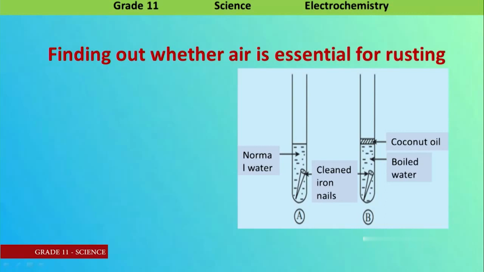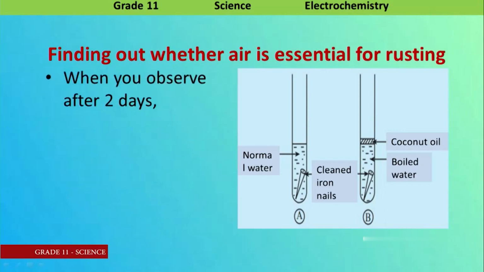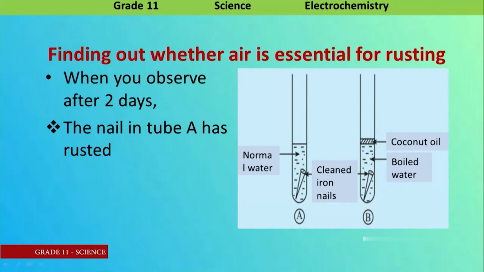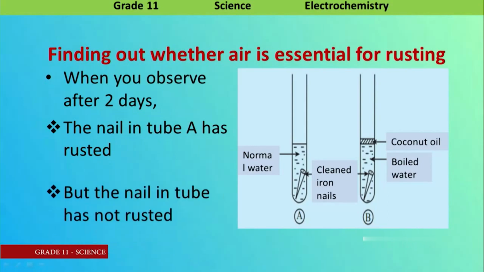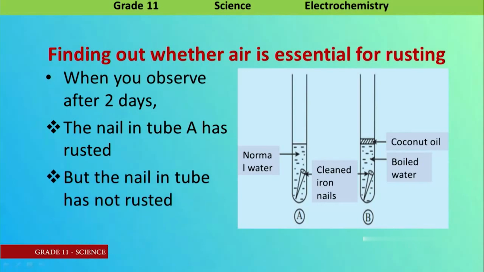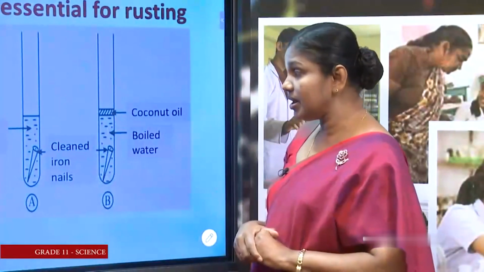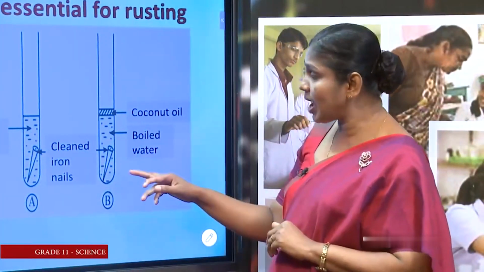When you observe after 2 days, children, you will observe the nail in tube A has rusted, but the nail in tube B has not. Why? Let me explain the reason, children. The nail in tube B has enough water in it, but there's no air. Why?